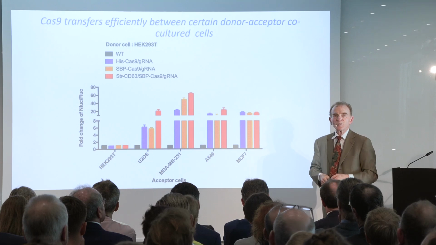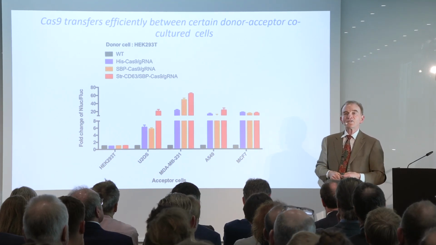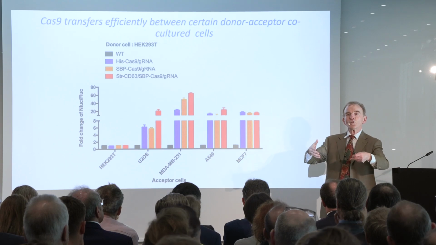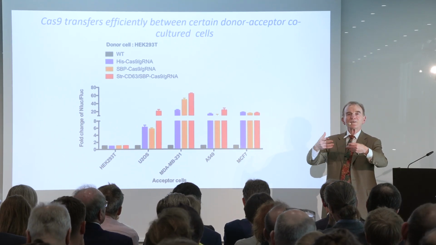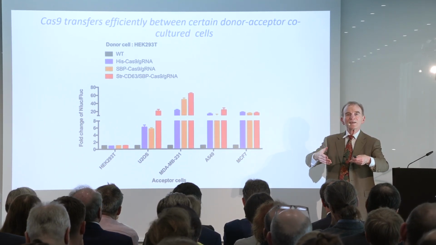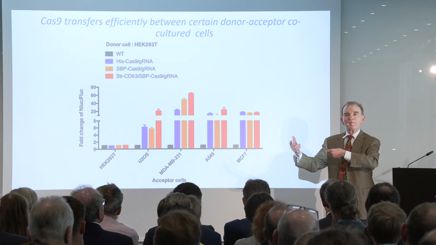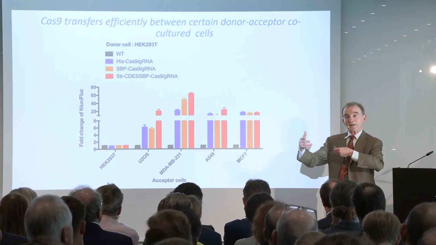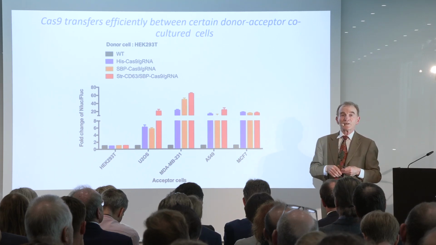So these results suggested to us that there was some asymmetry in this process. A donor cell line, in this case not a tumor cell line, very actively produces something that can be recognized and taken up by an acceptor cell. In this case, an acceptor cell line has to be, at least in our limited experience, a tumor cell line.